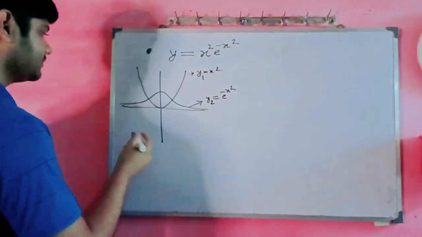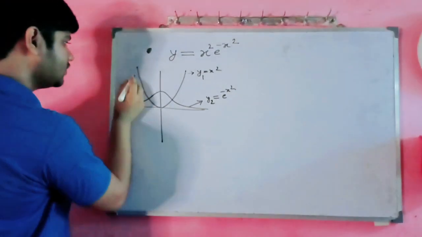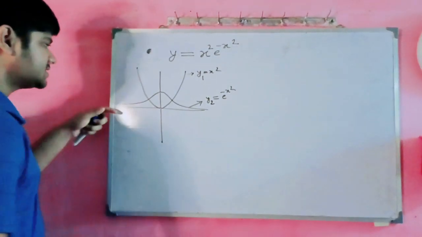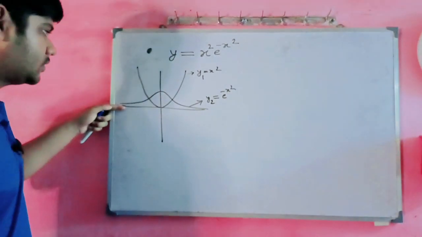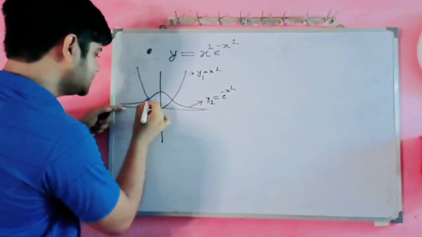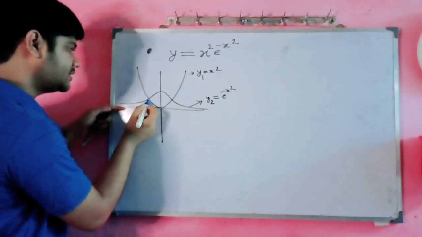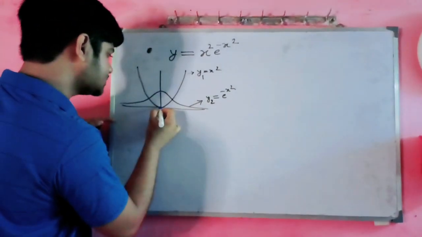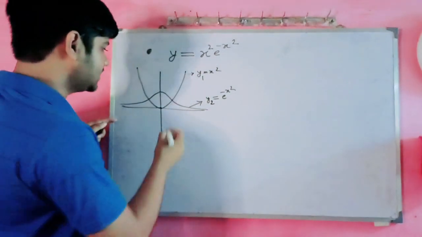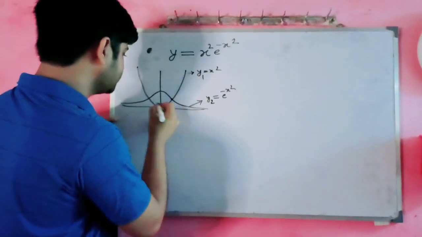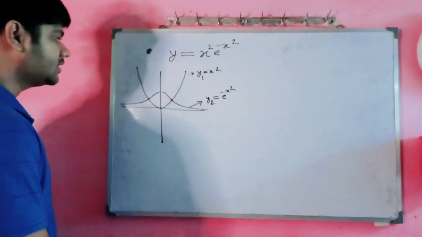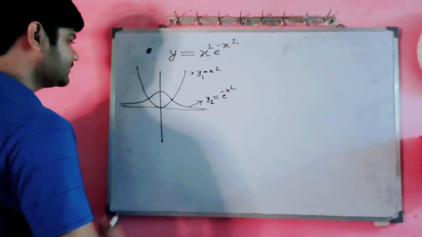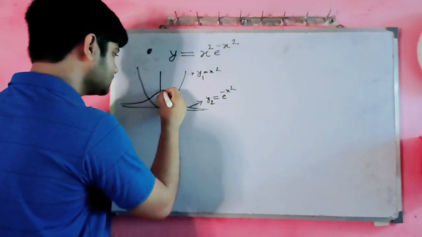Now if I combine these two graphs, see here the value of y2 is much more positive and here the value is very small. Now move here, these two will combine and it will become greater in magnitude. Here 0 and 0, it will pass through 0. Similarly here it will be positive in value. So the finalized graph will be something like this, if I'm not wrong.